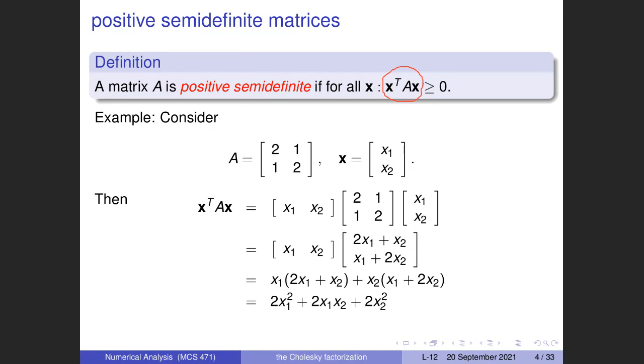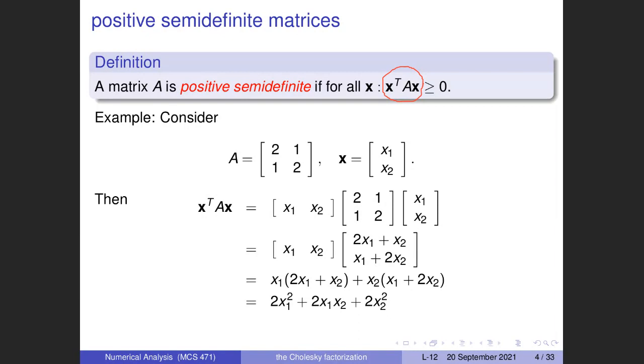We say that the matrix is positive semi-definite if for all the vectors that you can make, also the ones with negative coordinates, the result of this quadratic form is positive or eventually zero. So this is a positive semi-definite matrix. For a positive definite matrix, the inequality is replaced by a strict inequality.